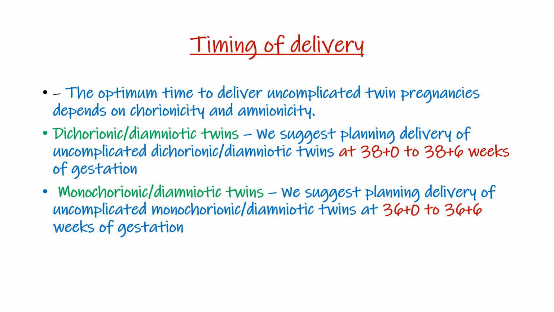I hope we are together in this slide. If you look at this slide, we have not talked about mono-mono twins. That depends on the protocol that you use, but obviously the delivery of mono-mono twins should occur earlier compared to the above two listed.